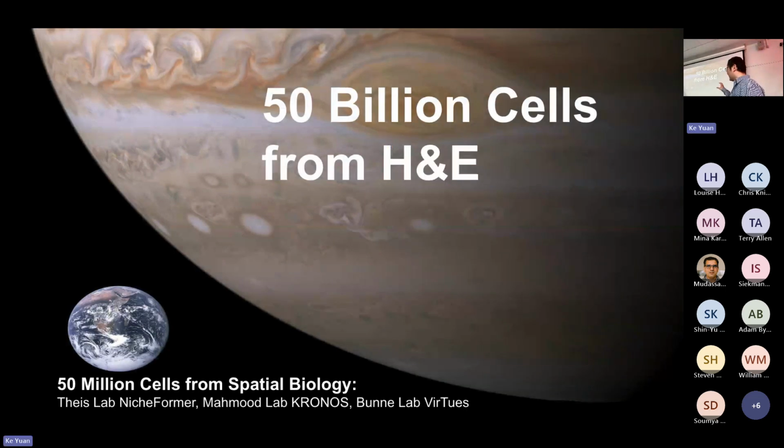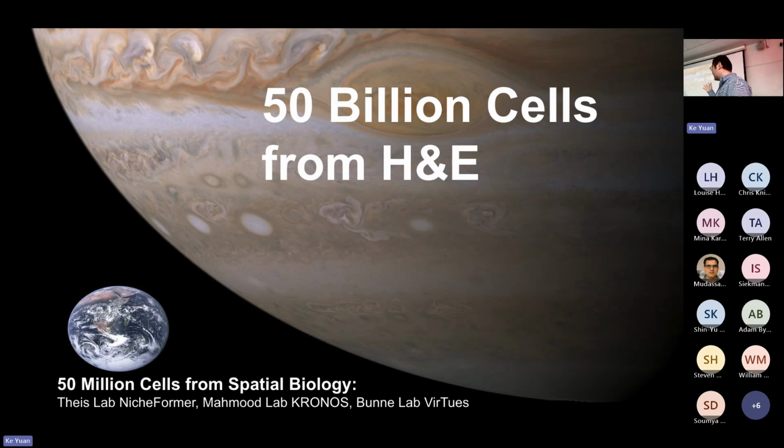Just to put it another way, if you look at all the publicly available H&Es, it's about 70,000 slides, and based on the statistics that I mentioned, you can expect to get about 1 million cells per slide. You can confidently get about 50 billion cells with spatial information intact in those publicly available H&Es.